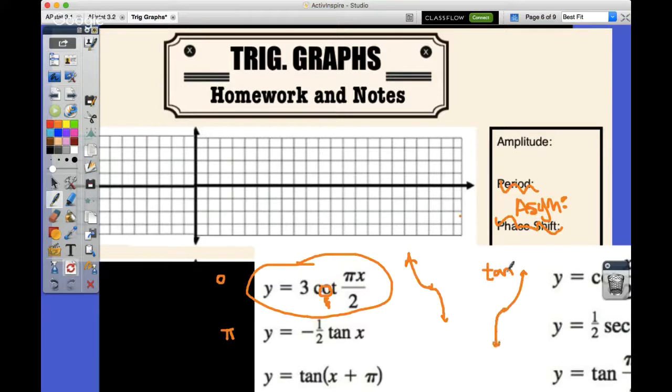So this is tangent, this is cotangent. Now, if the 3 was negative, like right here in this example, the tangent that's negative on the outside will end up looking like a cotangent. So this one would also actually rise to the left and fall to the right. As long as you remember that, you're good.